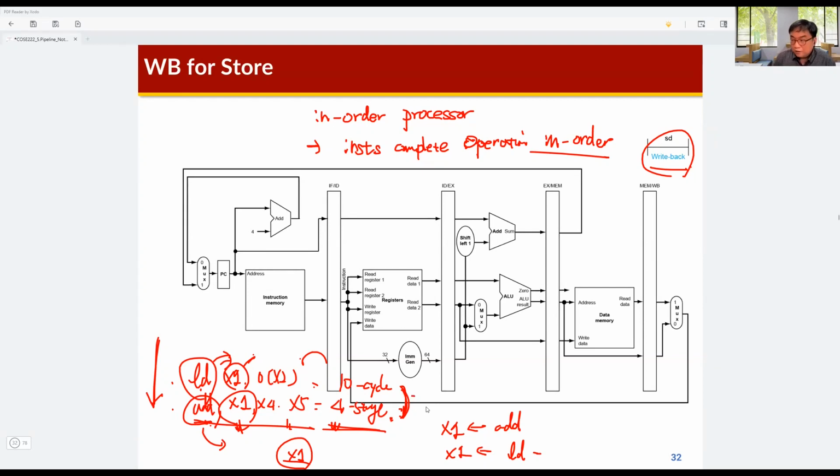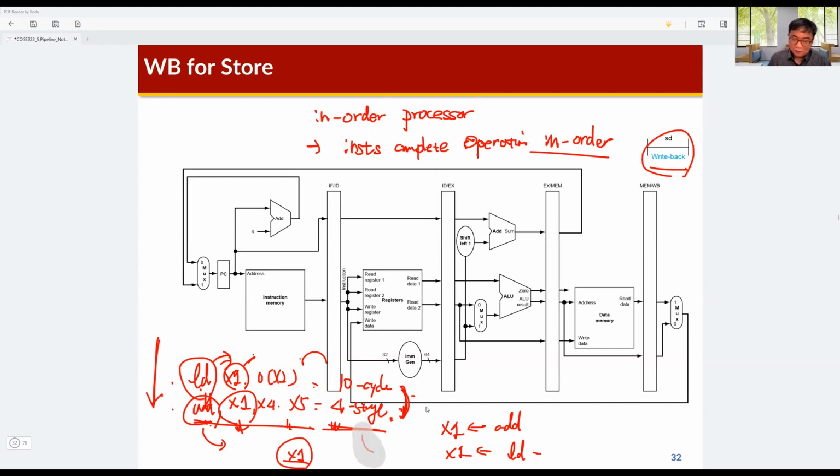So in this course, we will learn about just a very simple in-order processor. That means that every instruction completes in order. So we don't need to consider this situation.